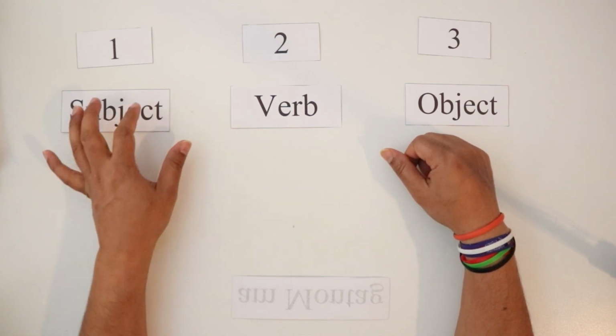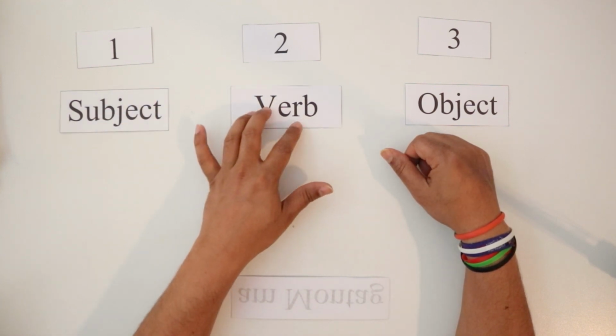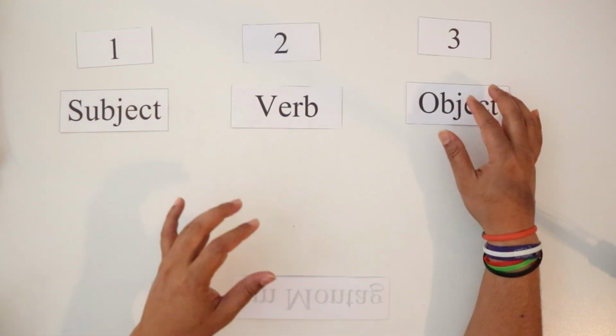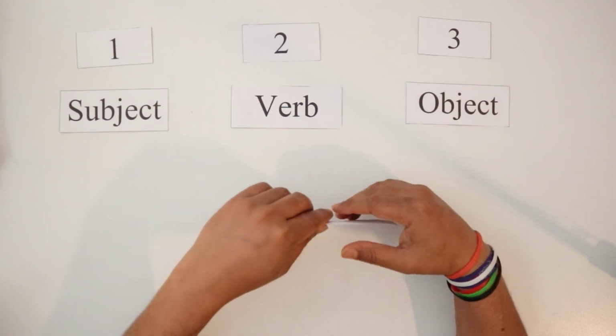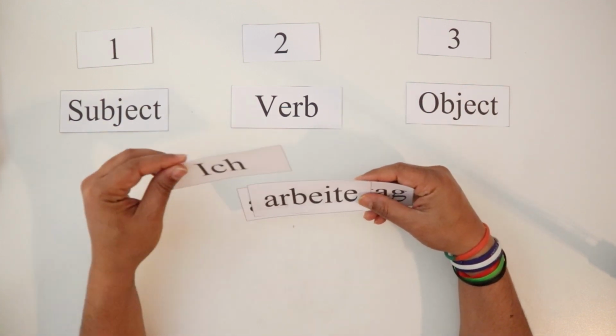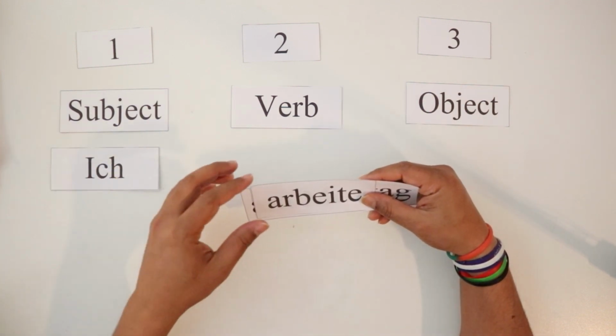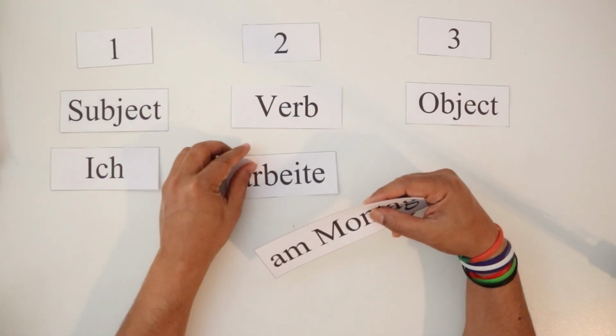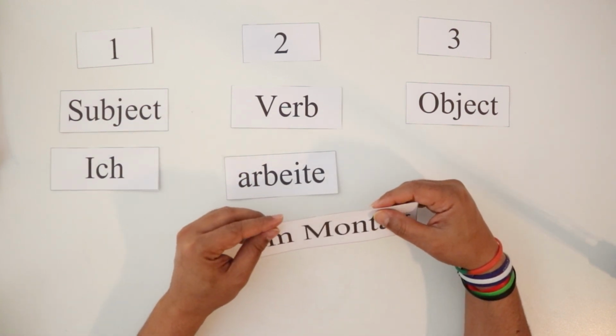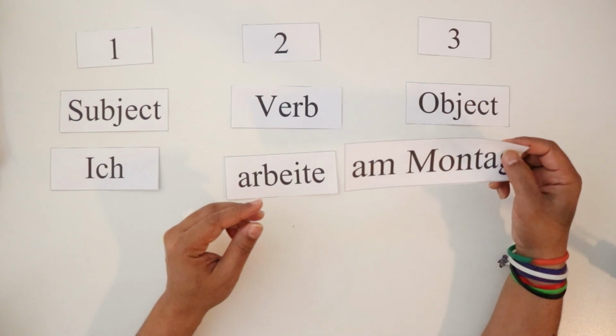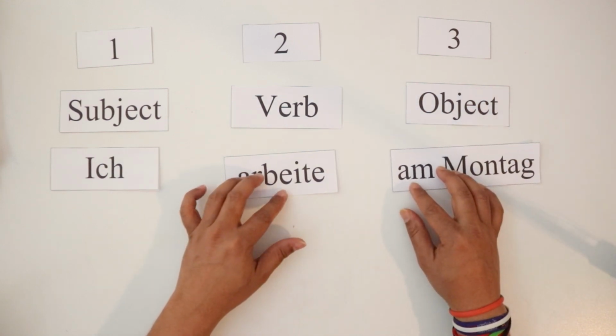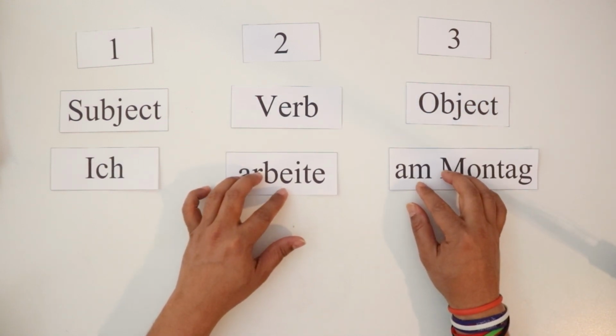Number 1 is subject, number 2 is verb, and number 3 is object. So let us think. We have ich as a subject, which will be in position number 1. Arbeite is a verb, which will be in position number 2, and am Montag is an object.